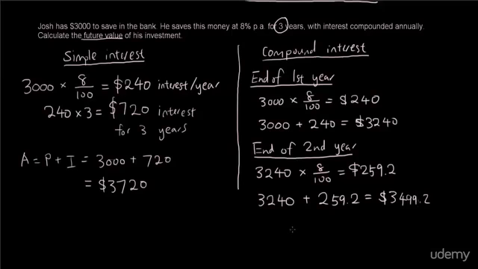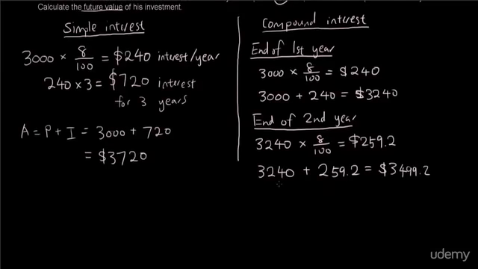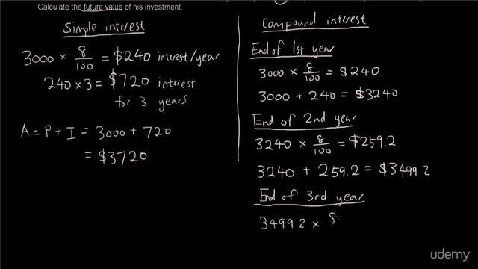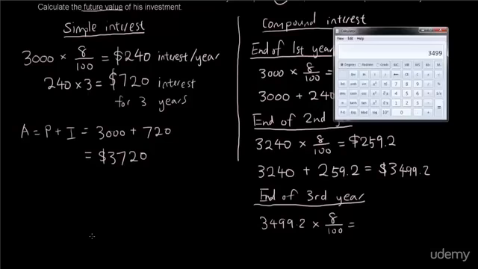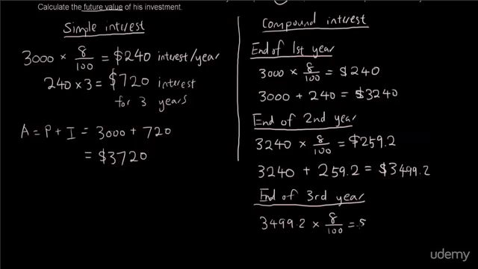Okay, and then we have one more year, so end of the third year. At the end of the second year, our principal was 3,499.2. Find 8% of that, and then add it on. So 3,499.2 times 8 out of 100 is 279.93.